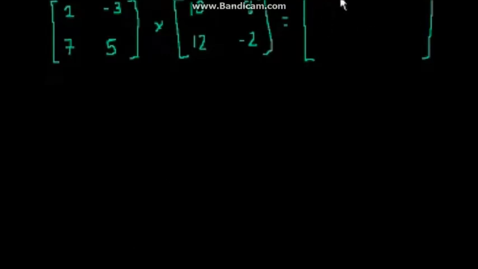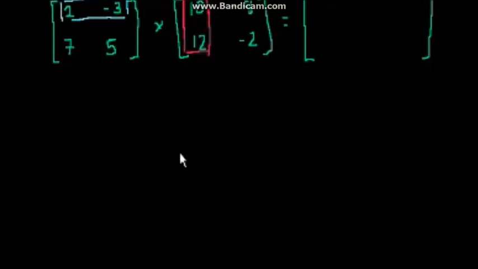So how do we do it? This first term that's in the first row and first column is equal to essentially this first row vector times this column vector. And what do I mean by that? It's getting its row information from the first matrix's row, and its column information from the second matrix's column.